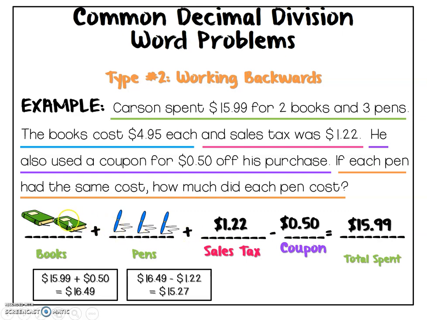That tells me that my 2 books and my 3 pens cost $15.27. But remember, I figured out that the books cost $9.90. So in order to get the pens by themselves, I can take the $15.27 and subtract the cost of the books. So when I subtract $9.90, that tells me that the pens cost $5.37.